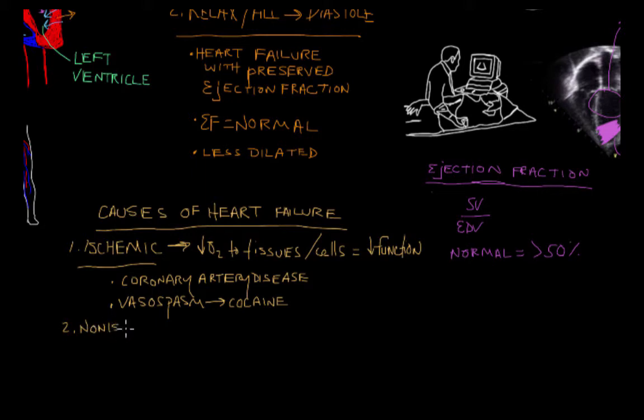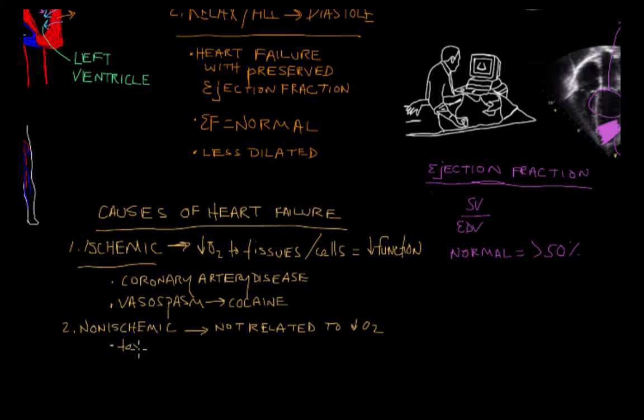And the other category we can break into non-ischemic. And these causes don't have anything to do with not delivering enough oxygen and cell death. These are actually causes that directly harm the heart muscle. So we'll say not related to decreased oxygen. And the non-ischemic causes, there's a lot of them.